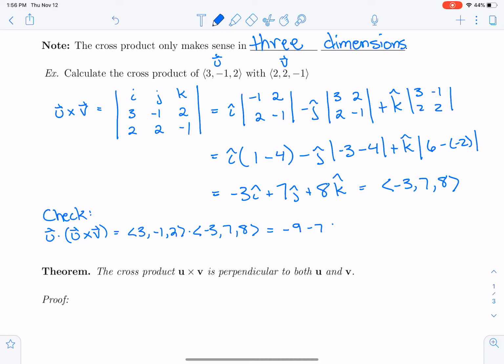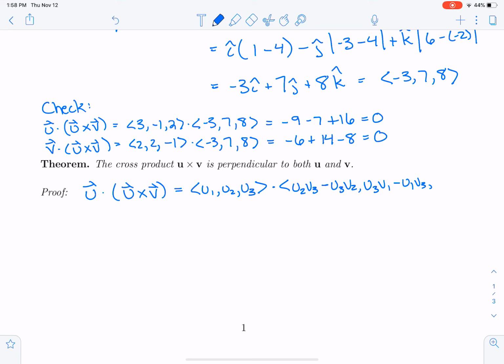So if I do u and I dot it with u cross v, I'm really doing u1, u2, u3, and I'm dotting that with the resulting vector that I got from the cross product, which was u2v3 minus u3v2, u3v1 minus u1v3, and then finally u1v2 minus u2v1.